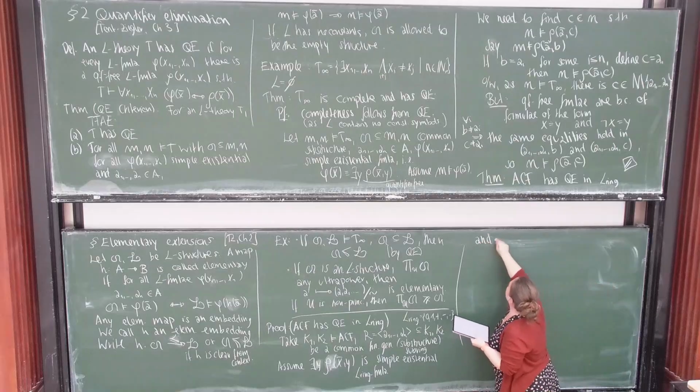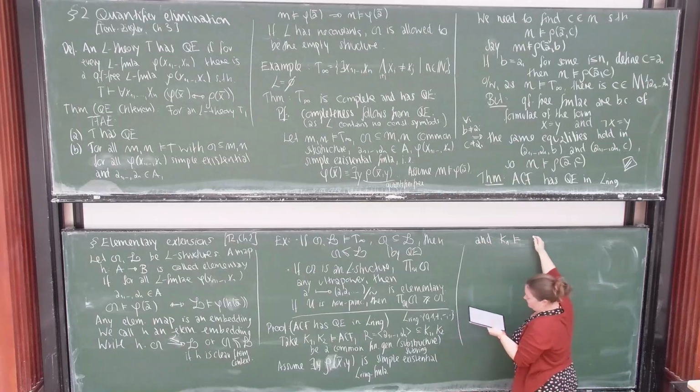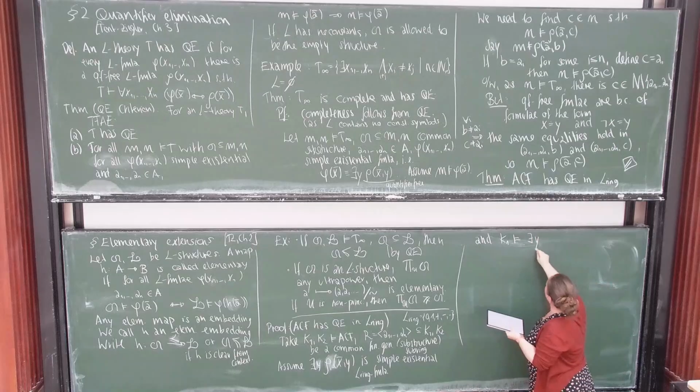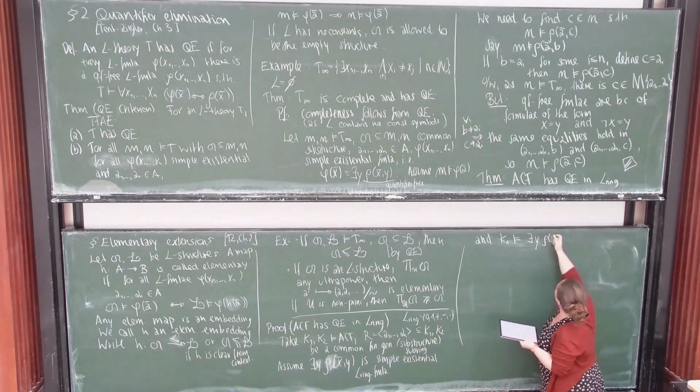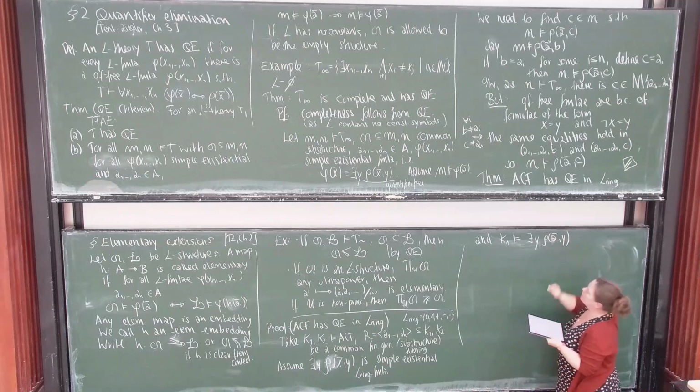And say K1 says there is a y, rho of, which way around am I writing it? A bar, comma y.